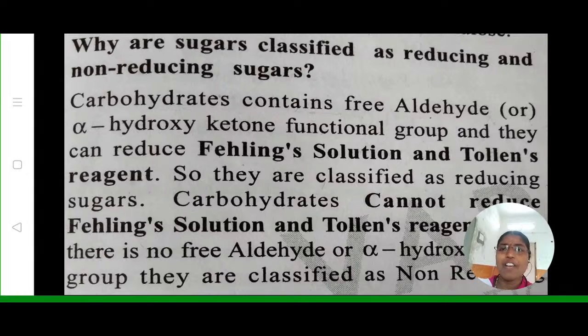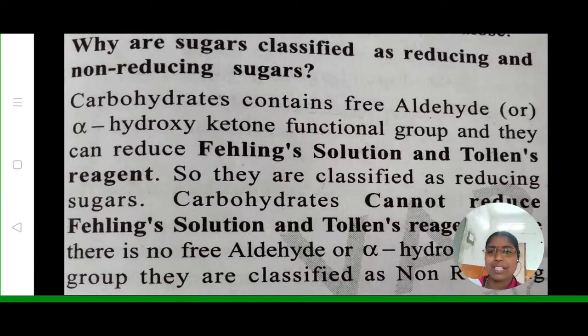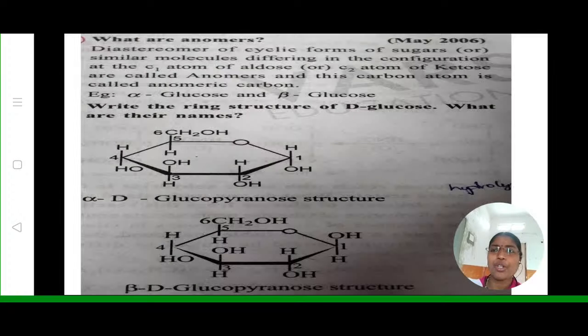A carbohydrate containing a free aldehyde or alpha hydroxy ketone functional group that can reduce Fehling's solution and Tollens' reagent is called a reducing sugar. Carbohydrates that cannot reduce Fehling's solution and Tollens' reagent, because there is no free aldehyde or alpha hydroxy ketone group, are classified as non-reducing sugars. Okay, this is another 2 marks question.